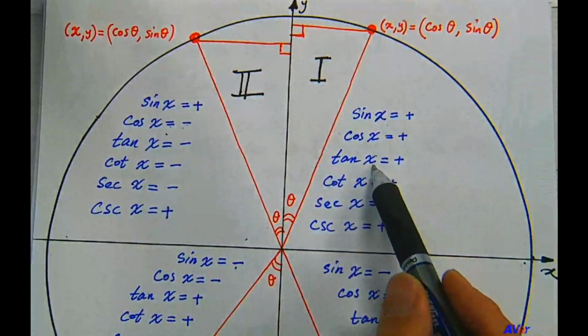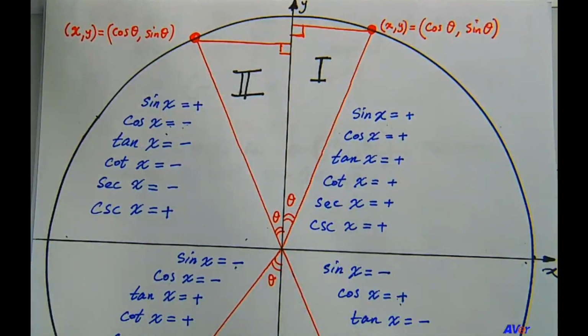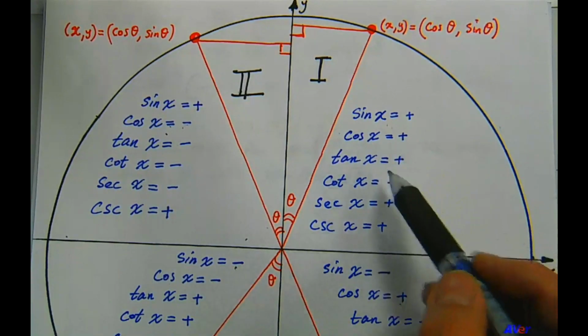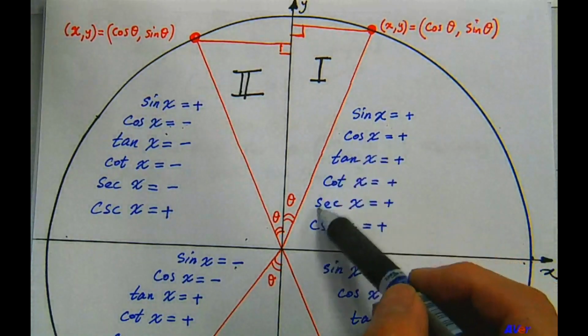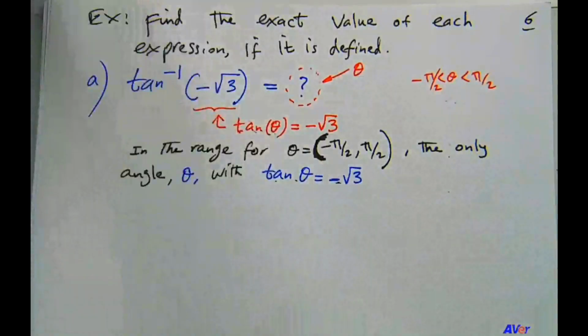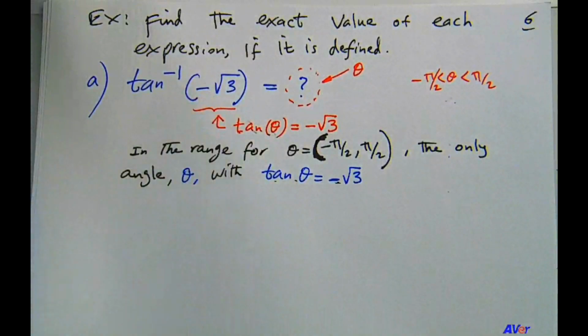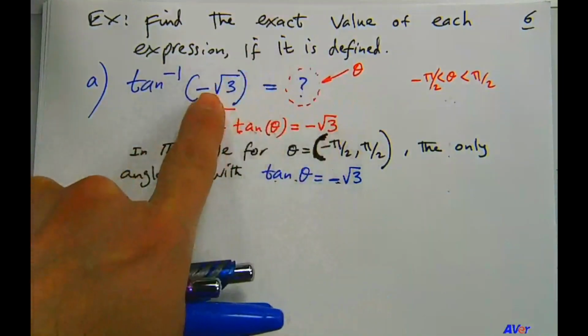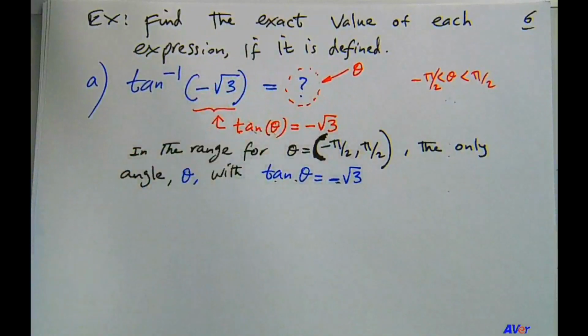We can be either in quadrant 1 or quadrant 4. But which one? Can we be up here? Definitely not, because the tangent of angles in the first quadrant is positive. We have negative square root of 3. So we're looking for an angle for which the tangent of that angle is negative square root of 3.